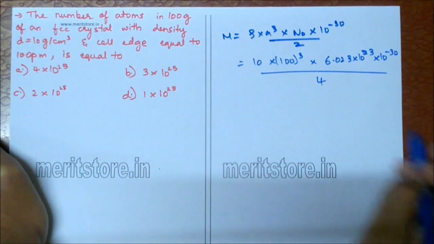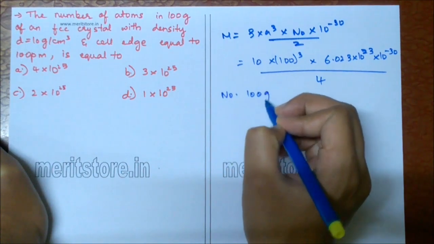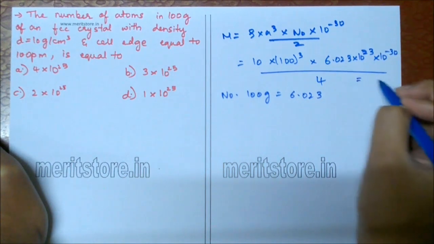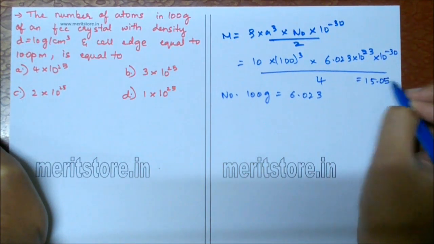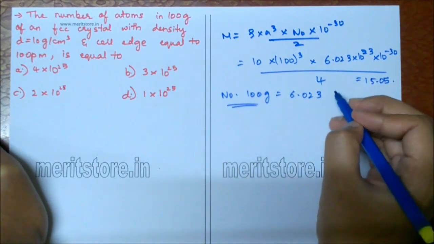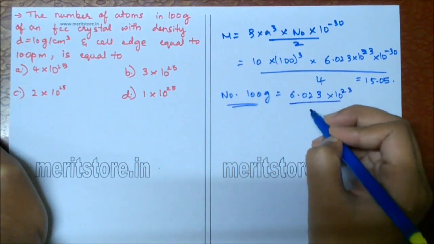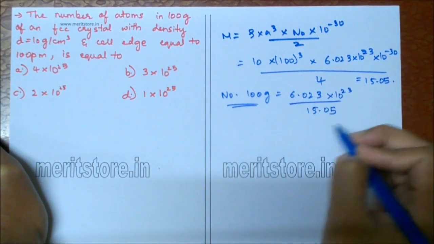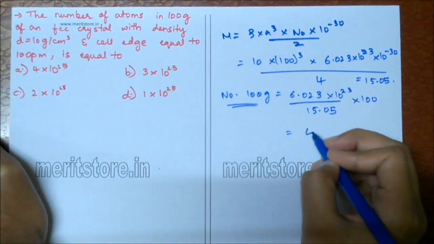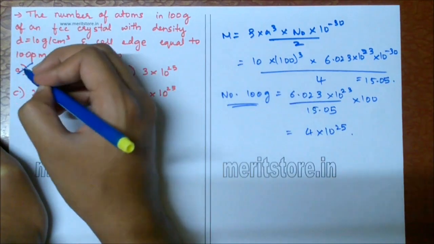So number of atoms in 100 gram is equal to 6.023. On solving this, we get 15.05. So number of atoms in 100 gram is equal to Avogadro number divided by 15.05 into 100, which is equal to 4 into 10 raised to 25. So option E will be the correct answer.